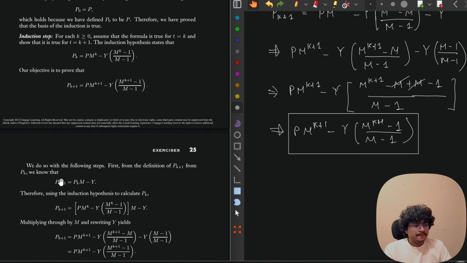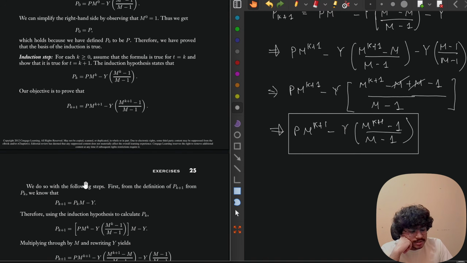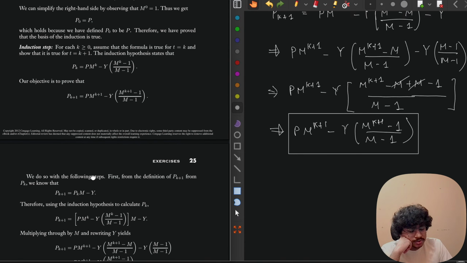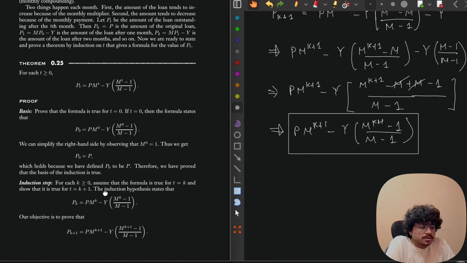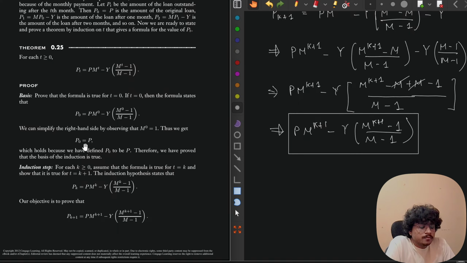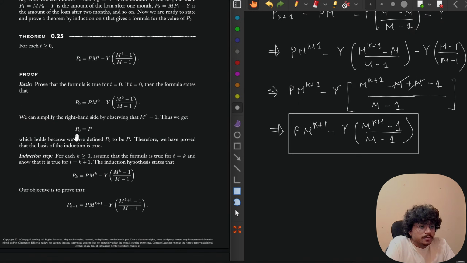I want to understand this step some more, because let's say we don't know the formula of compound interest and the reasoning behind it, then how can we eventually arrive at this step from the definition of P_(K+1)?